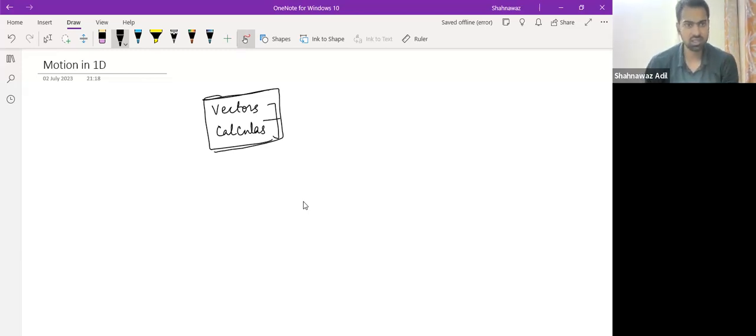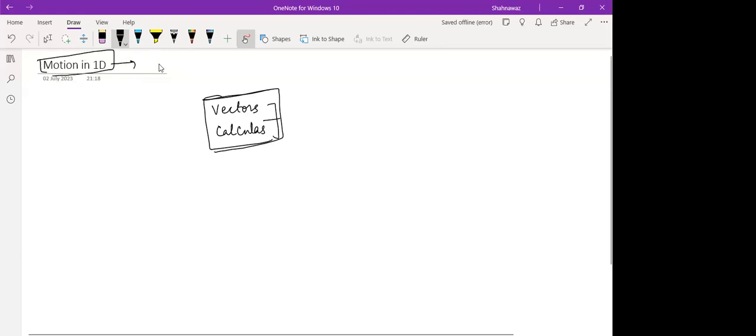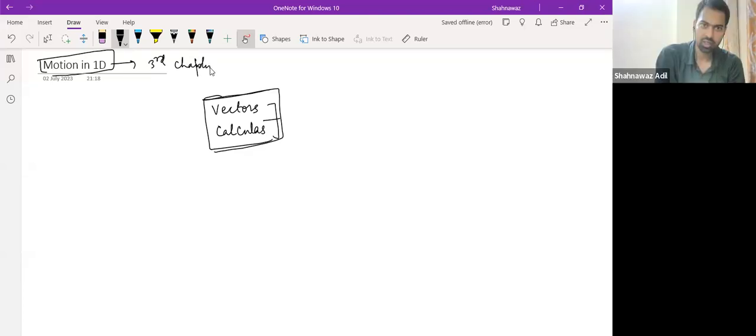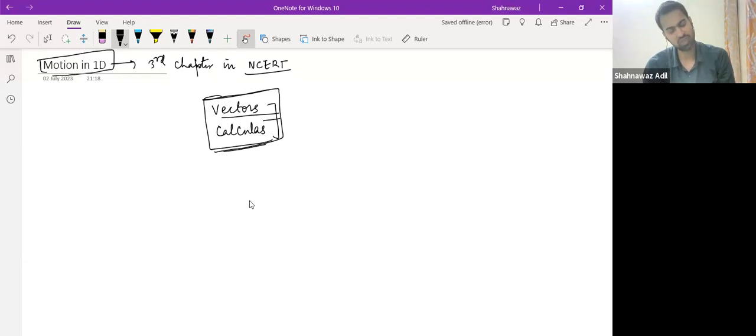Motion in one dimension is the third chapter in NCERT, so this will be helpful in third, fourth, fifth, and so on. All these chapters contain vectors and calculus.